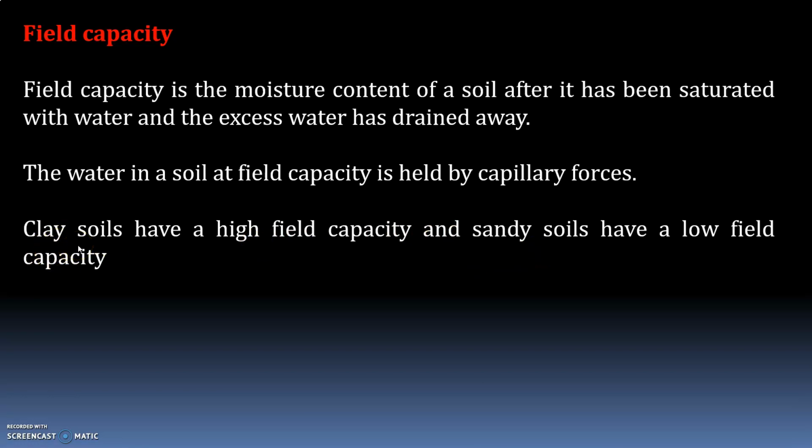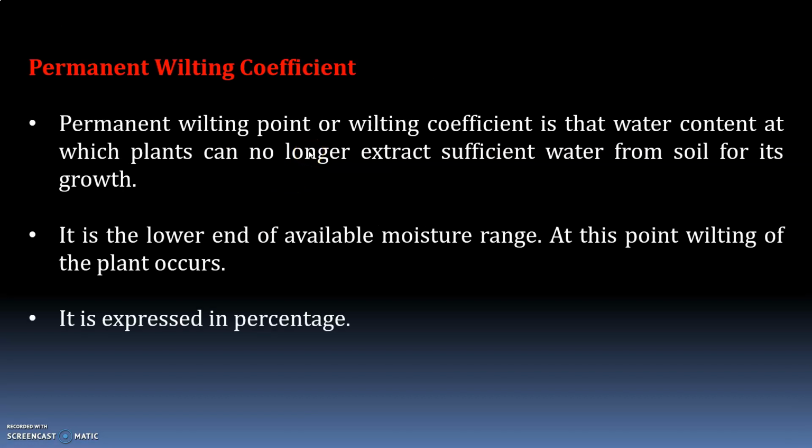So it is nothing but the status where the saturated water and excess water is drained away. So this is available to the plants. Permanent wilting coefficient or permanent wilting point is the water content at which plants can no longer extract sufficient water from the soil for their growth.